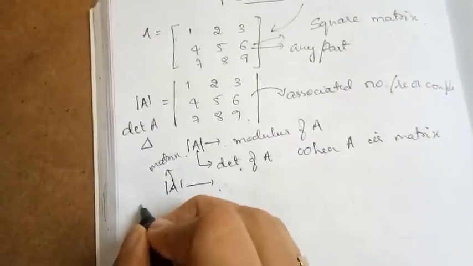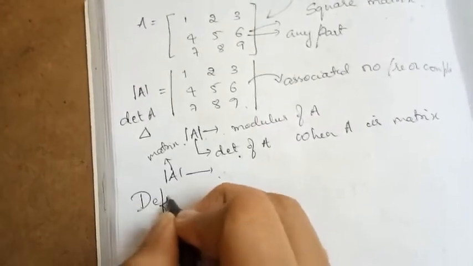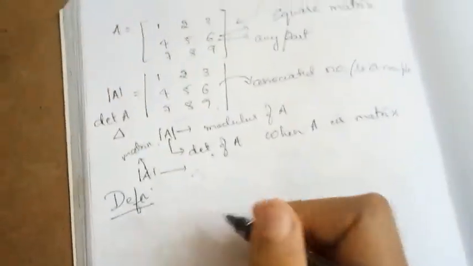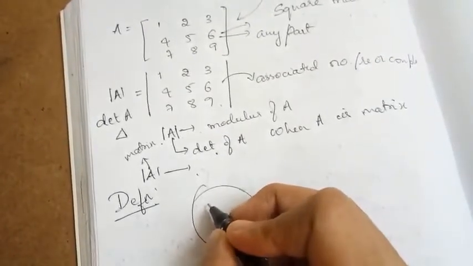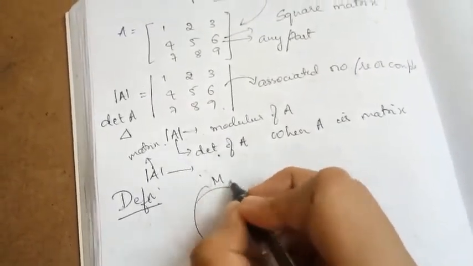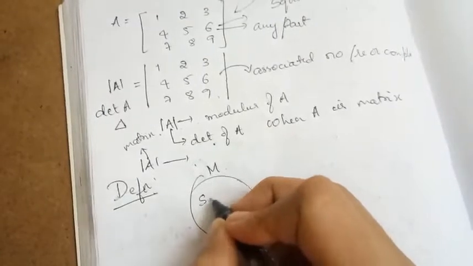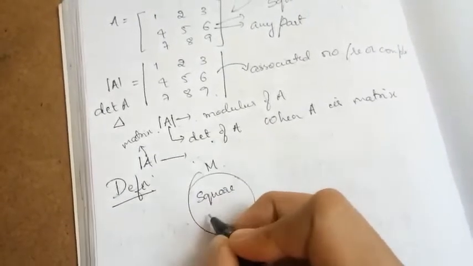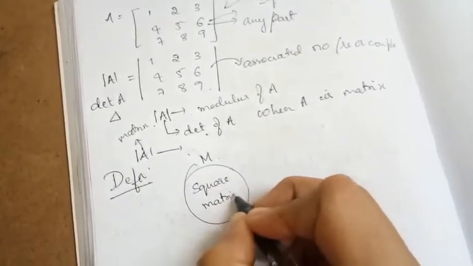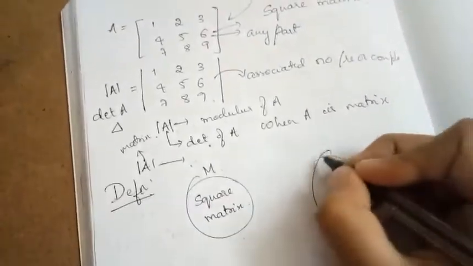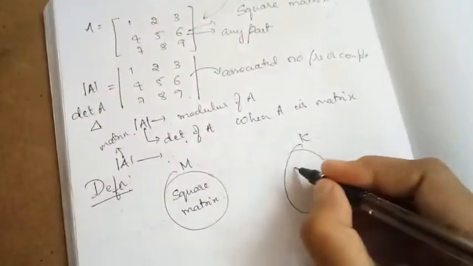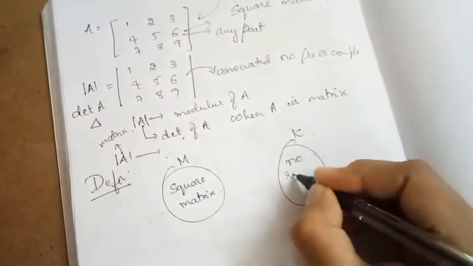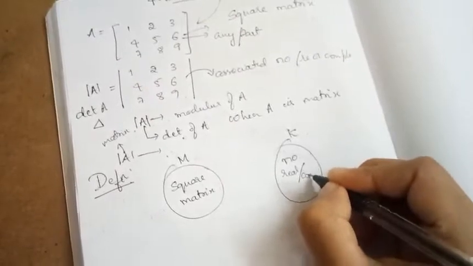A general way of defining it: consider a set which I will call M, consisting of all square matrices, and I call another set K, consisting of numbers which might be real or complex.